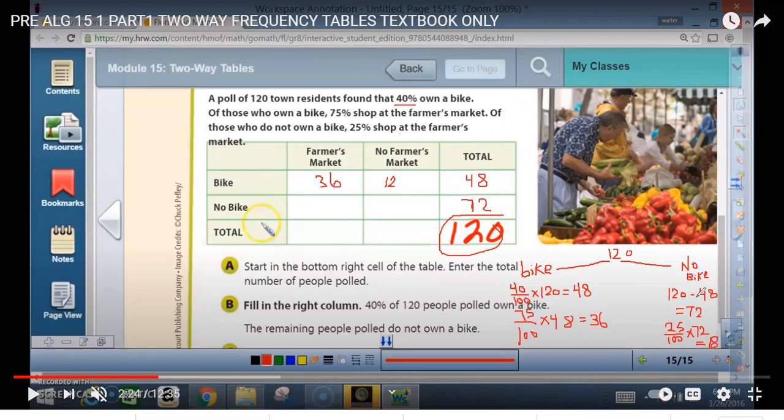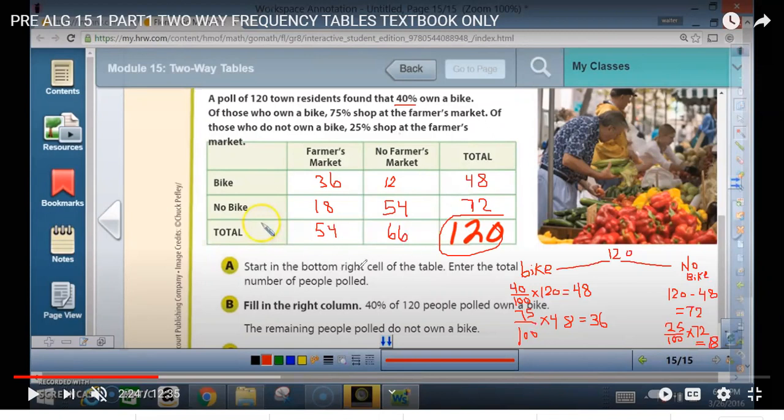Then no bike, but they shop at the farmers market, so here I have 18. Now, no bike and no farmers market, 72 minus 18, it will be 54. And we can find the total here: 12 plus 54 will be 66.